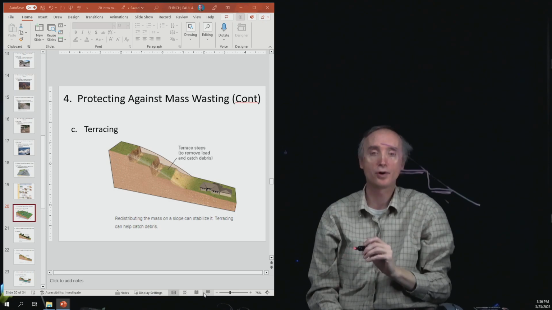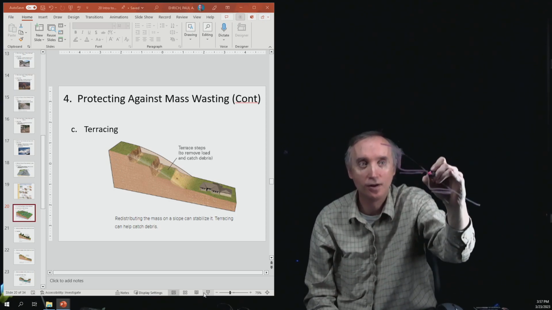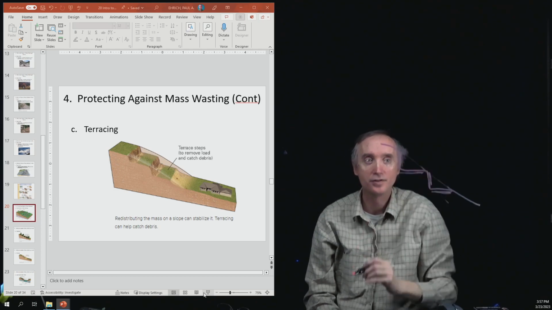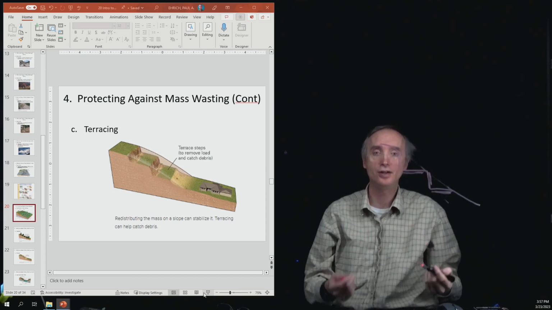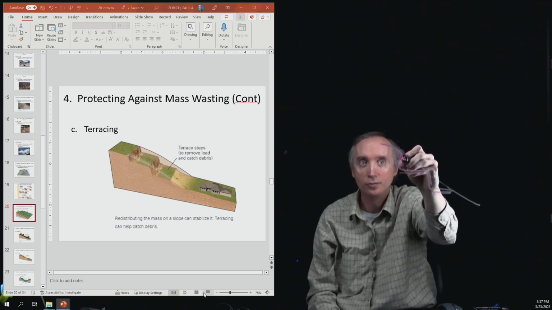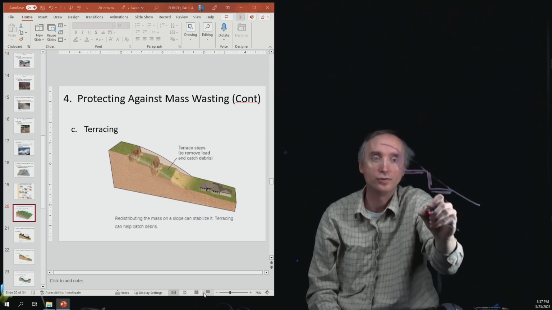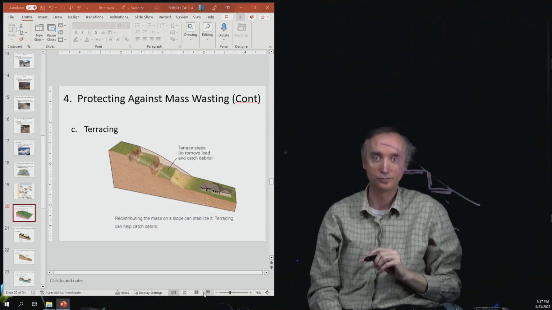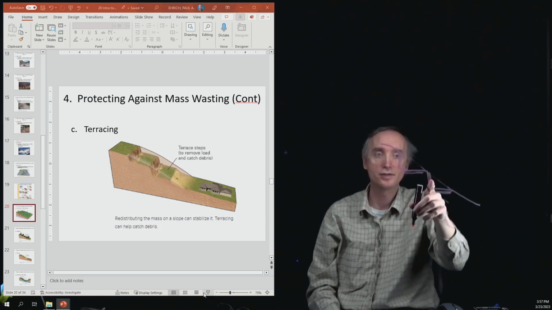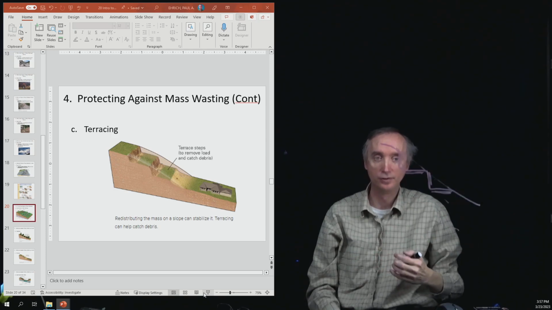Of course, now the problem is that you have much increased slopes here and here, so if you don't keep up on it, material from up here will start to fill this area in, and given enough time, it will go right back to its original slope. But this is one way of keeping materials from going downhill.